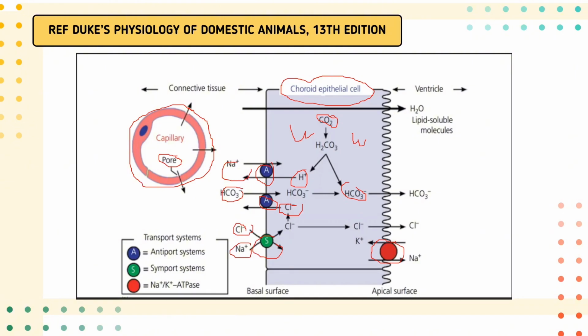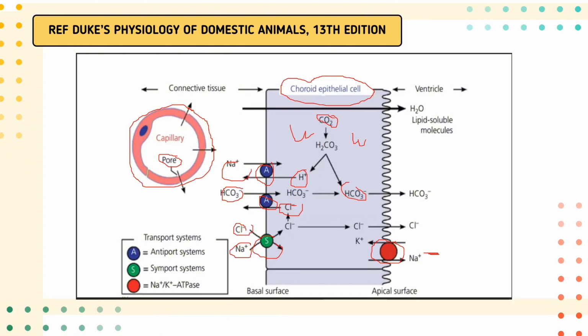Their function is to take 3 sodium out and 2 potassium in, as the sodium is out and accumulating in the space. So the sodium concentration is also increasing because of this pump, and remember that the water always follows the sodium. So the water is drained to this area because, as we said, water always follows the sodium.